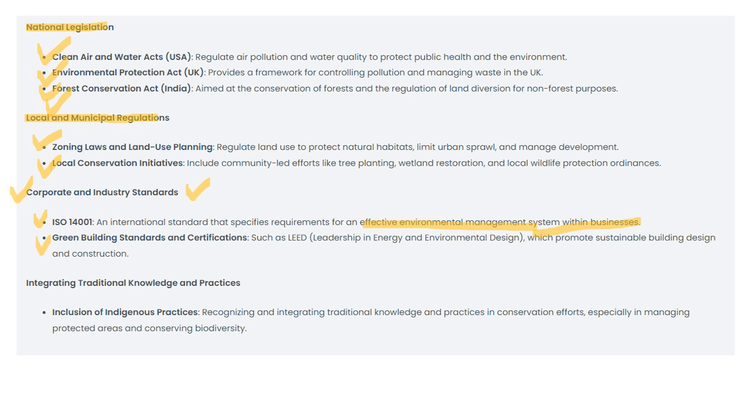Then there are some traditional knowledge and practices. These also play a key, important role in protecting areas and conserving biodiversity. So this was about chapter 6, and now we'll move forward.